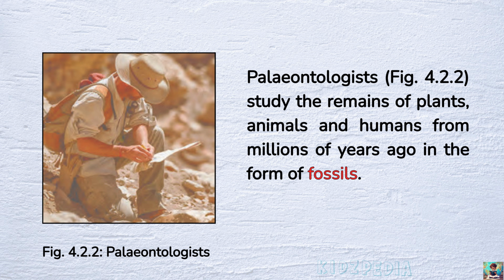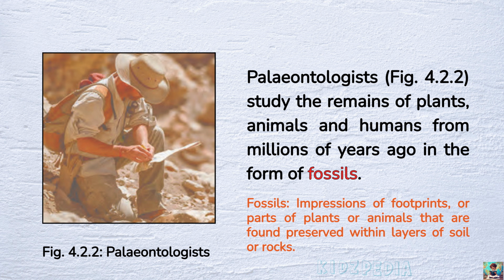Paleontologists study the remains of plants, animals and humans from millions of years ago in the form of fossils. So what is the meaning of fossils? Impressions or footprints are parts of plants or animals that are found preserved within layers of soil or rocks.